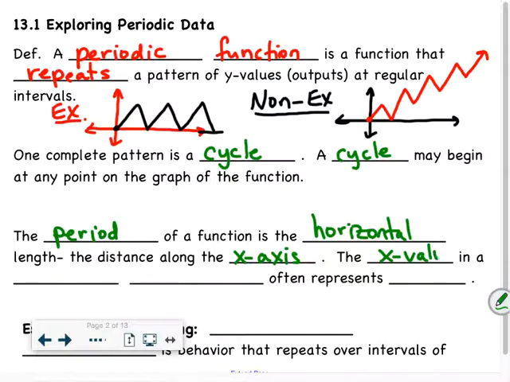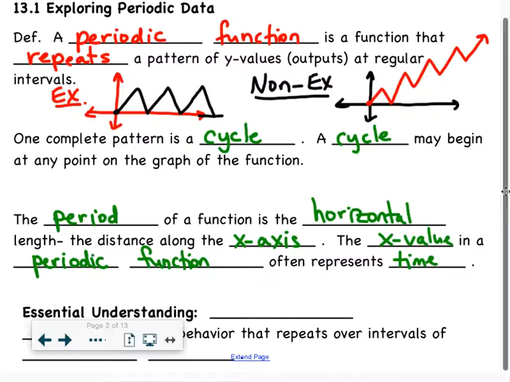The x value in a periodic function often represents time. At any point during the video, please pause it and think about what we've just written down.